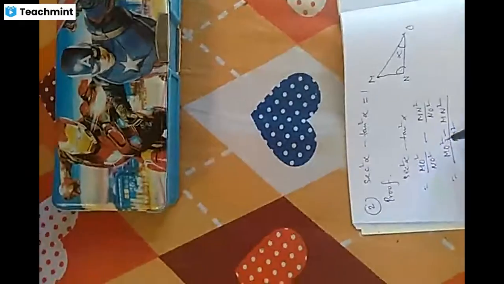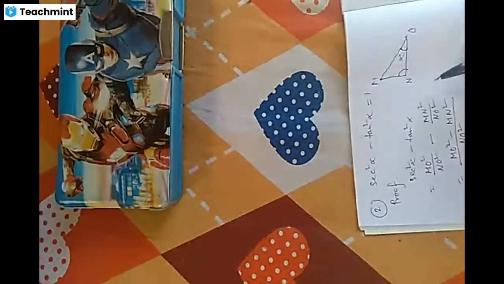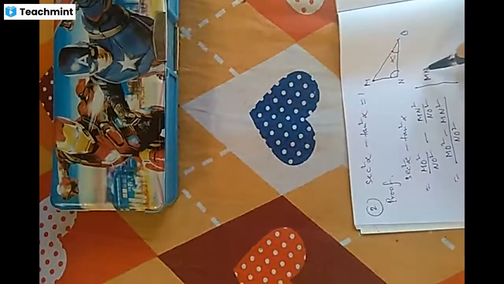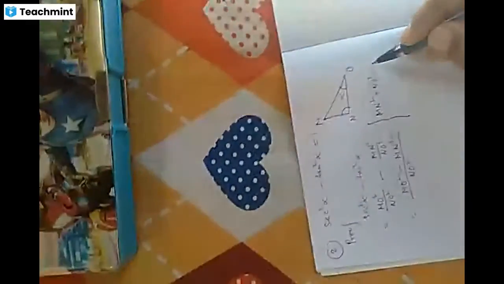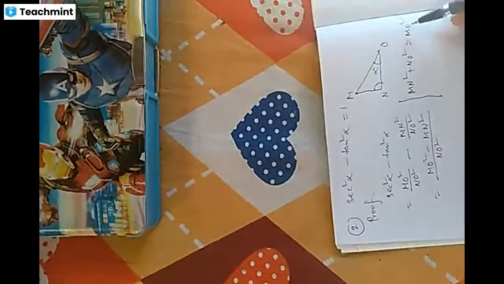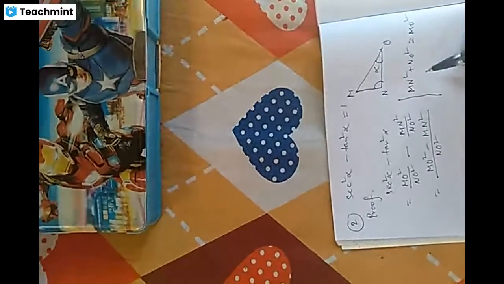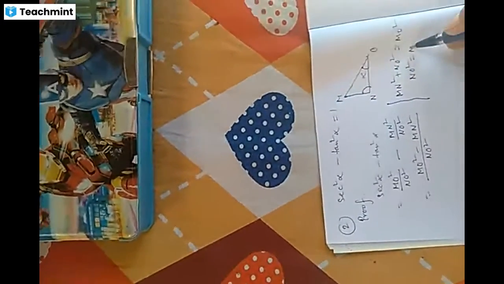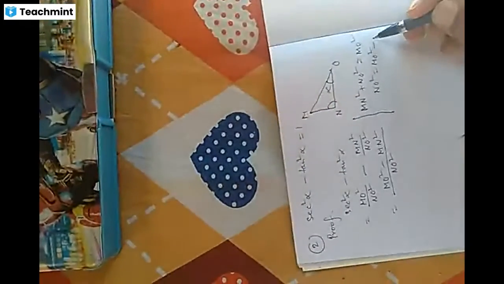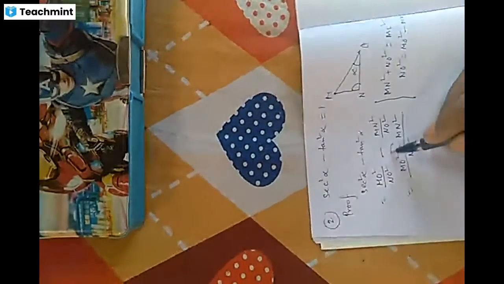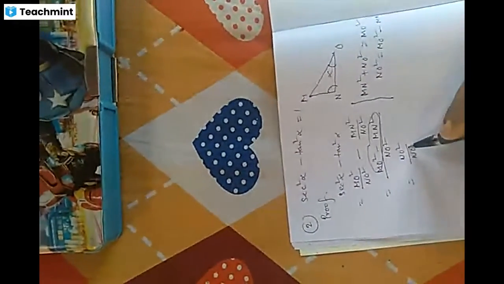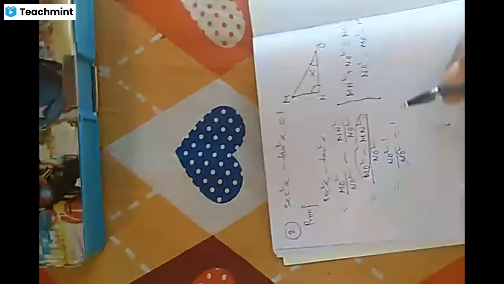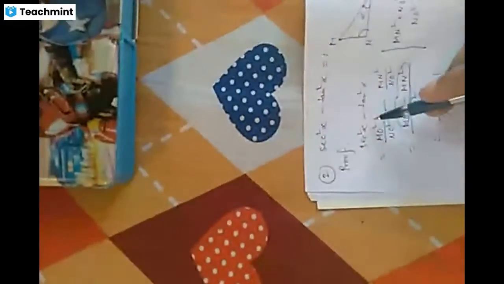By Pythagoras, MN square plus NO square is equal to MO square, so NO square is MO square minus MN square. So the numerator is NO square, and this will be NO square by NO square, which is 1. So it is very easily proved that sec square alpha minus tan square alpha is equal to 1. Now another important relation, this belongs to cosec square.